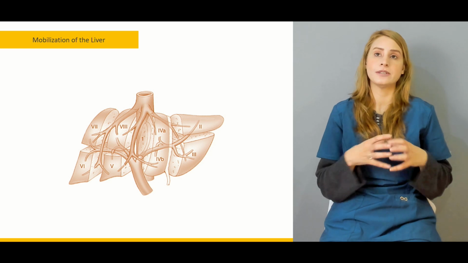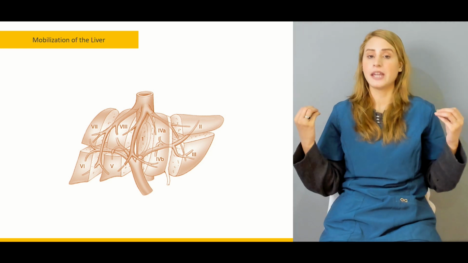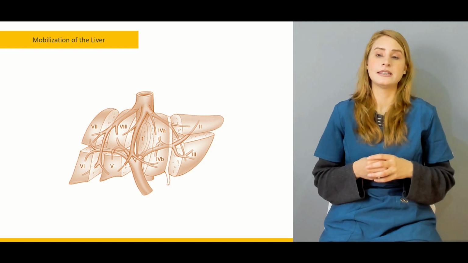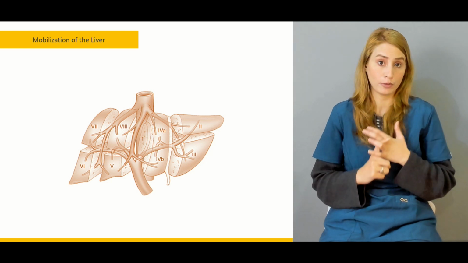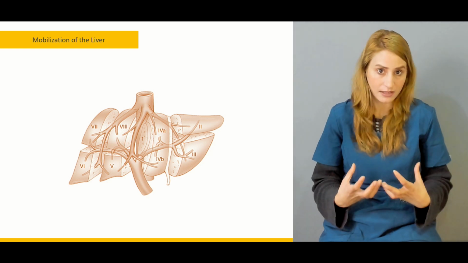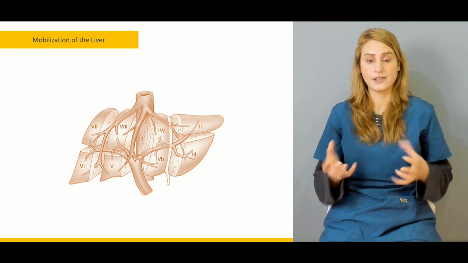Why is this important? Because the common bile duct, the hepatic artery, and the portal vein, the structures of the porta hepatis, are entering the liver through the hilum, and you need to get hold of this.